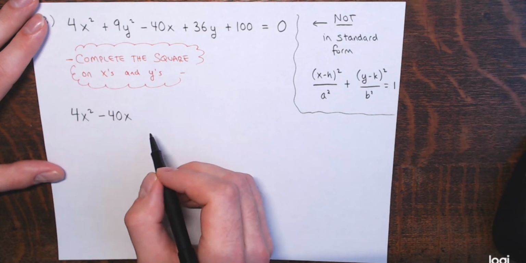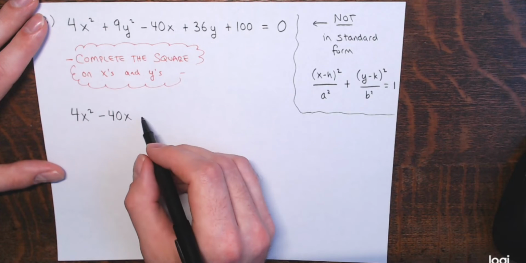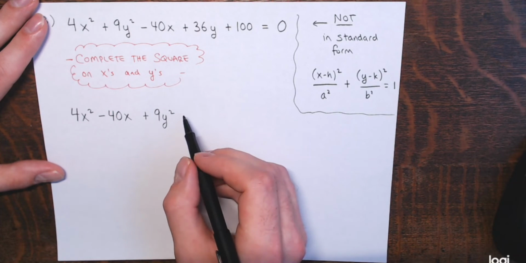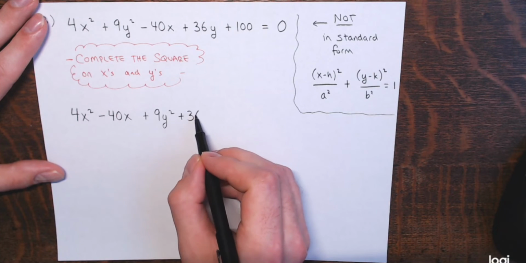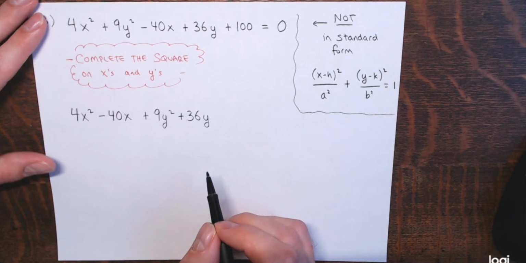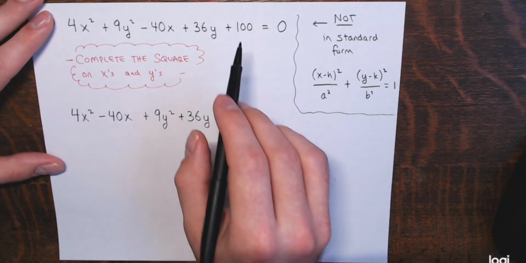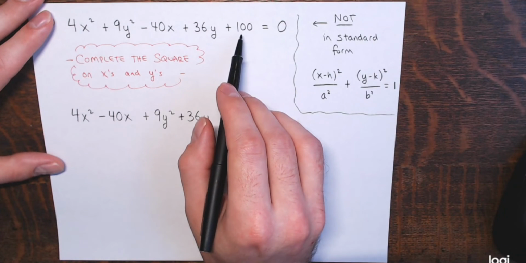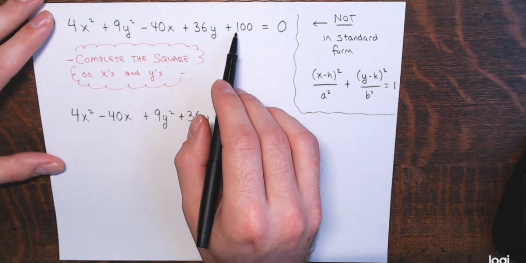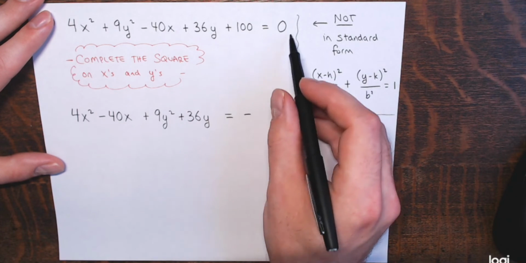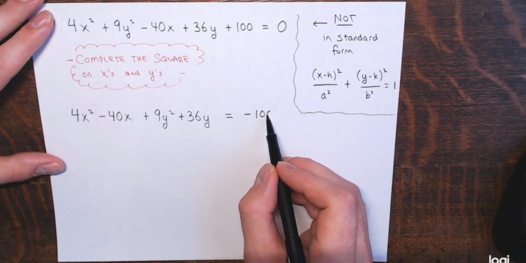And then the y squared terms next, plus 9y squared. I'm just rearranging the terms. Plus 36y. And the only term I don't really need when completing the square is the constant term. So this plus 100, I'm going to subtract that. So we have 0 minus 100, negative 100 on the other side.